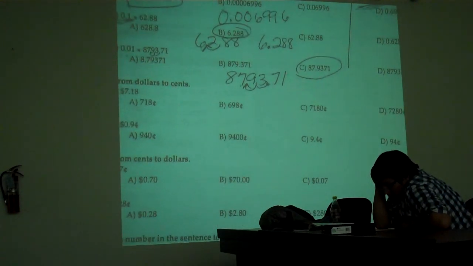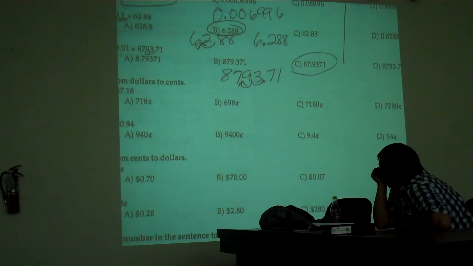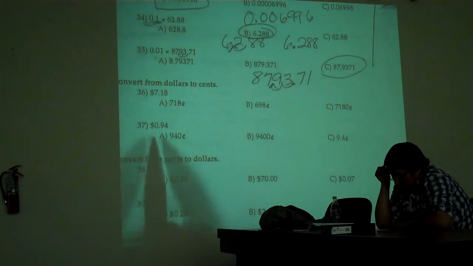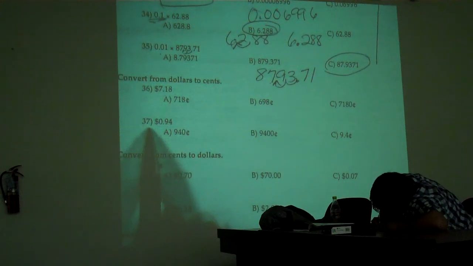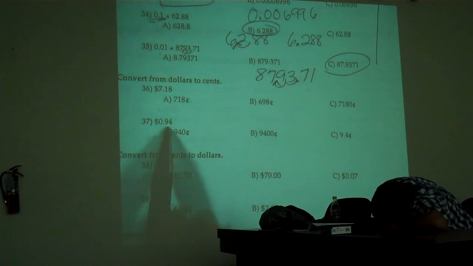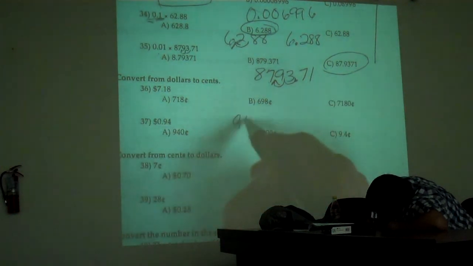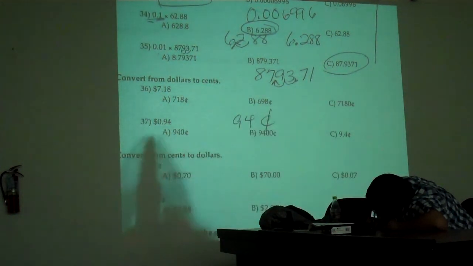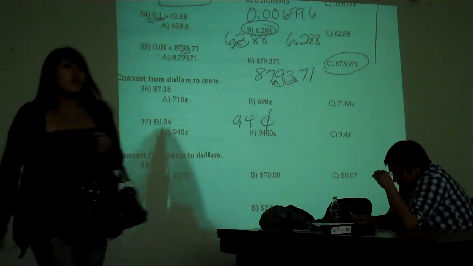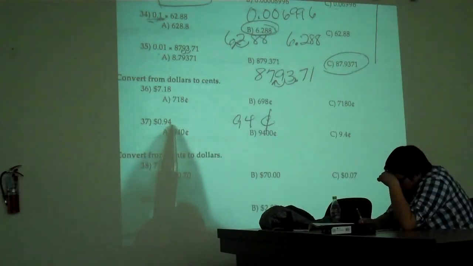Okay, convert from dollars to cents. Let's look at 37 first. What would you say if you saw this as a price tag? You'd say 94 cents, right? And how did you get 94? You moved the decimal 2 times.